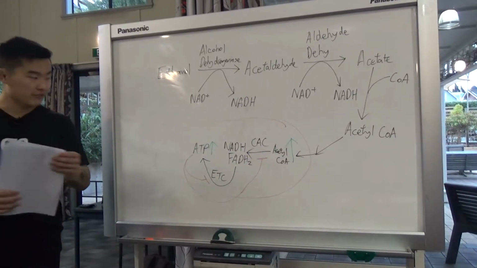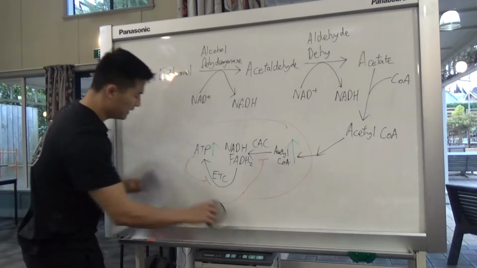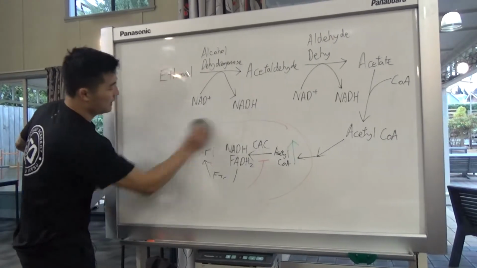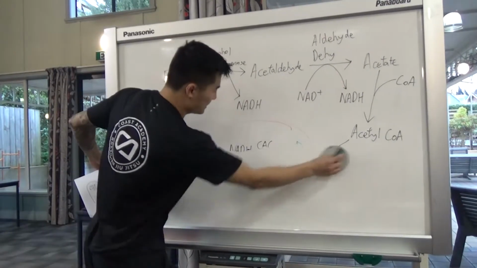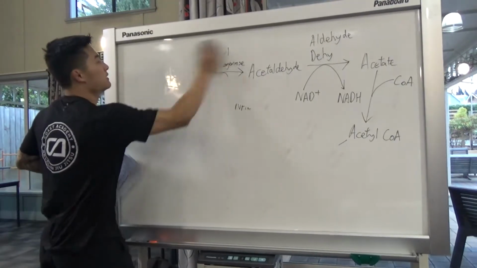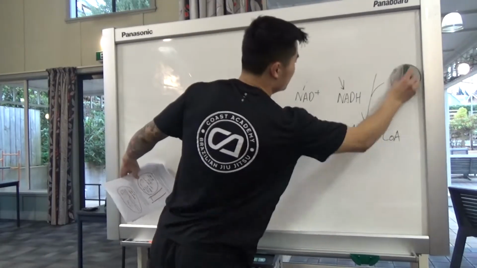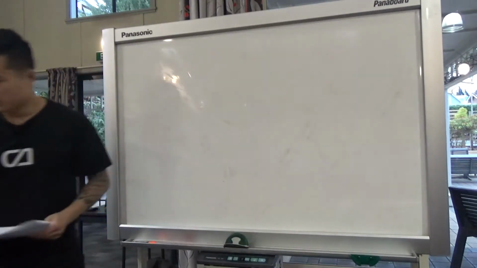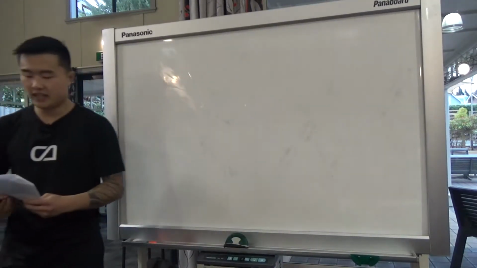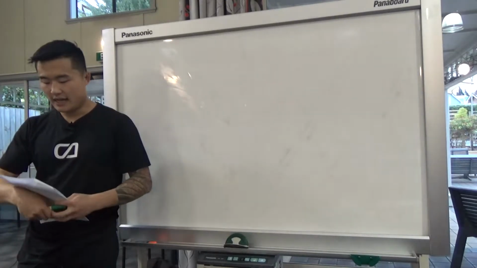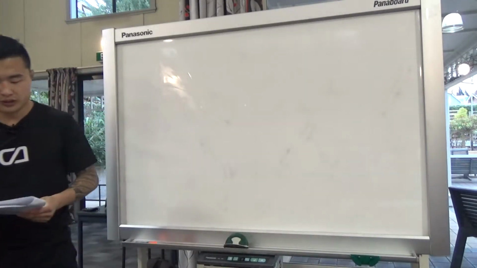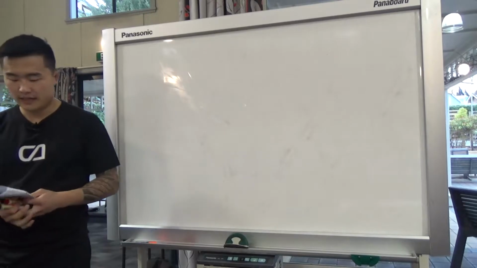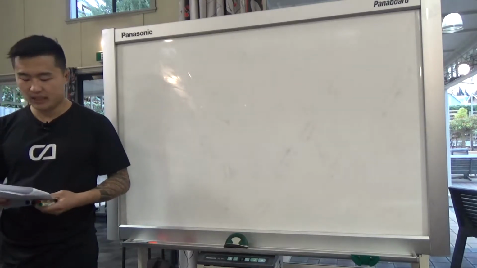So if we have a high concentration of NADH, the cell doesn't like that. The cell doesn't like having high levels of NADH, and so it'll try to convert that NADH into NAD+.